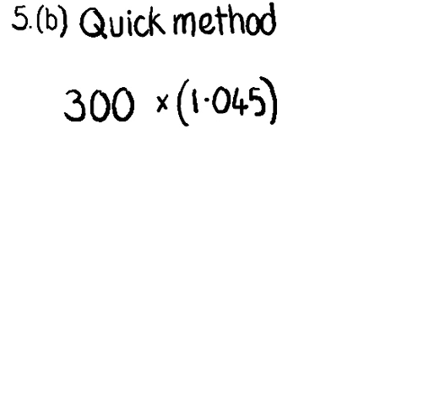So what we could do is use our calculator at this point and try some different numbers in here. If we put this at 1.045 to a power, so for example, if we do 300 times 1.045 to the power 6, then we get 390.678.